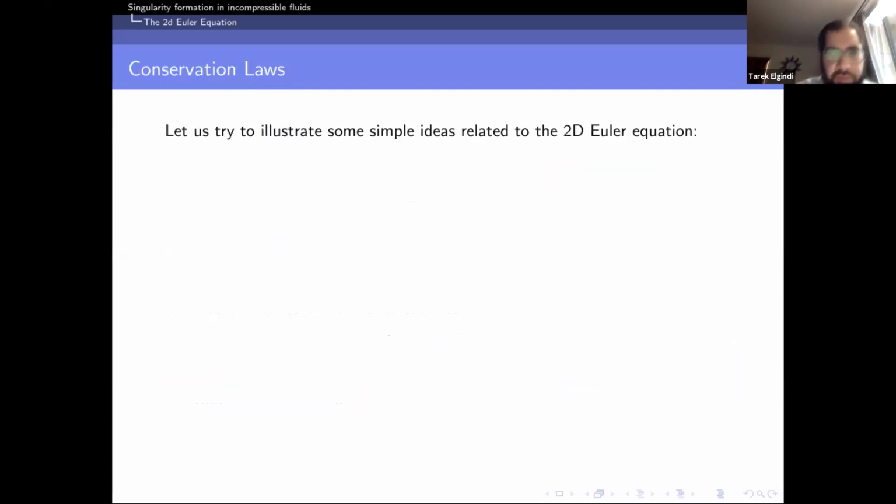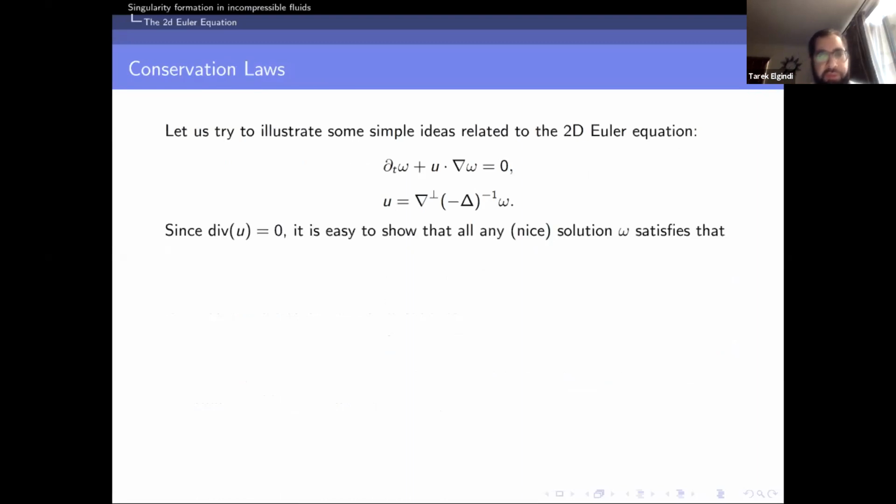Okay, so let's now talk about conservation laws. Since it's a transport equation, it's clear that you have a pointwise conservation of the L infinity norm. But since the divergence is also 0, you can show that in fact there are infinitely many conserved quantities.